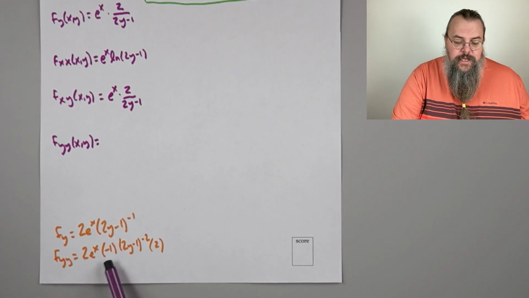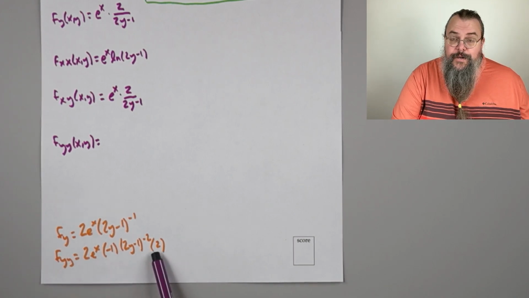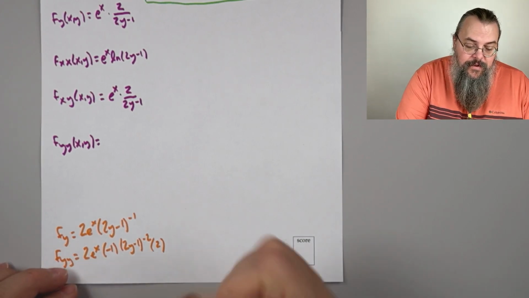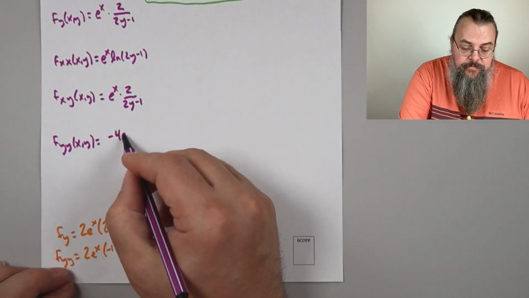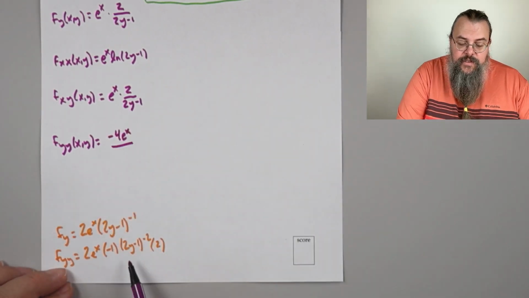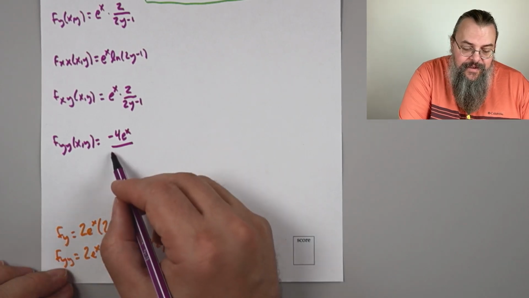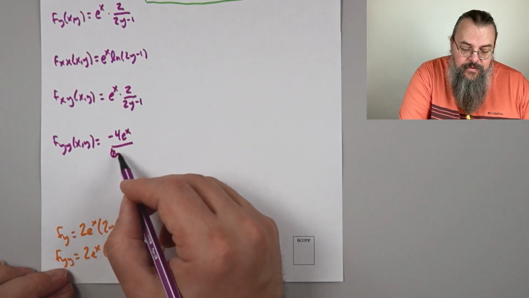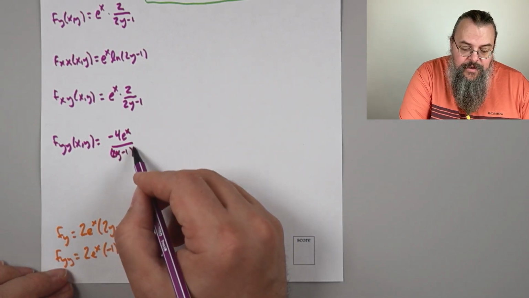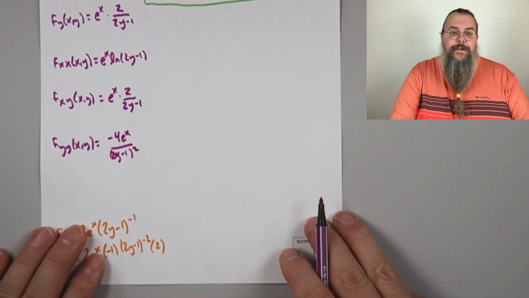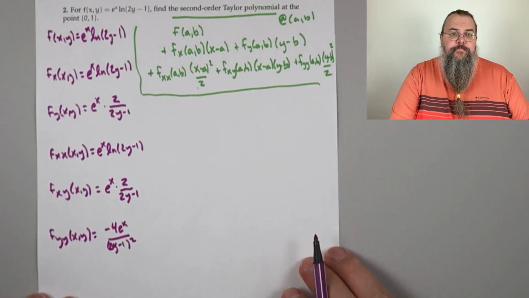Well, we're going to get a minus 4e to the x upstairs. Downstairs, 2y minus 1 squared, downstairs because of the minus. Whoops, 2y minus 1 squared. There we go.